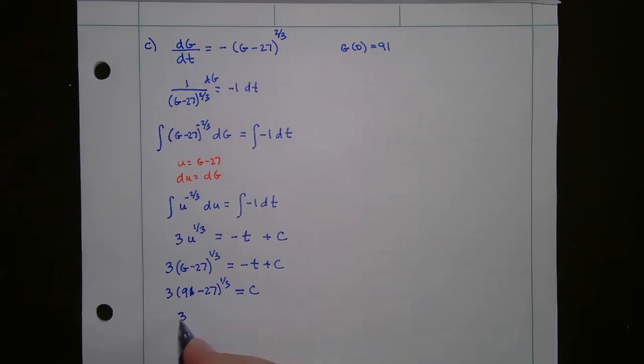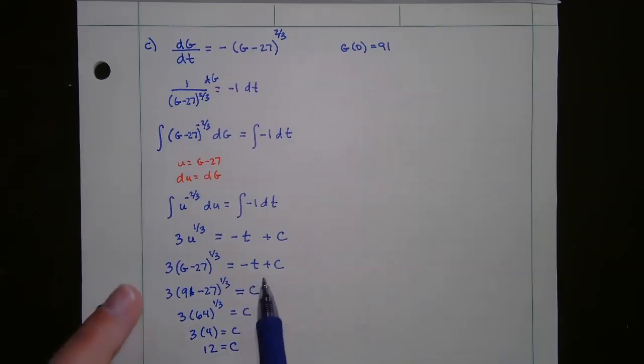So this is 3 times 64 to the 1/3 power is equal to c. What could you cube to get 64? Well, it'd be 4. So this is just 3 times 4, which is equal to c, which means 12 is equal to c. So now back here, this is our actual equation, but now we know the c value.